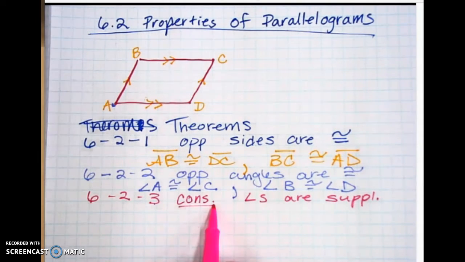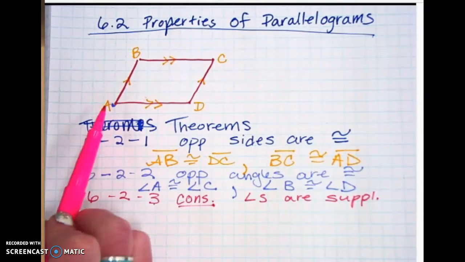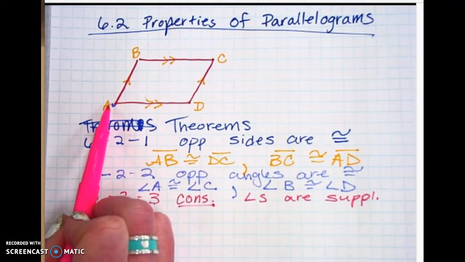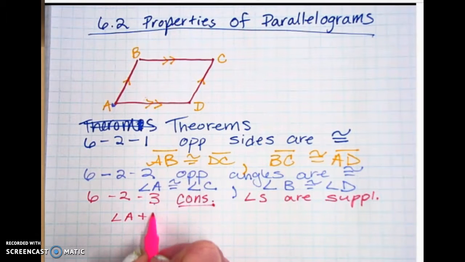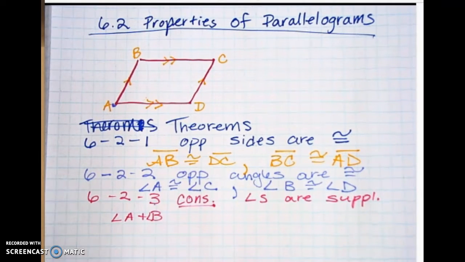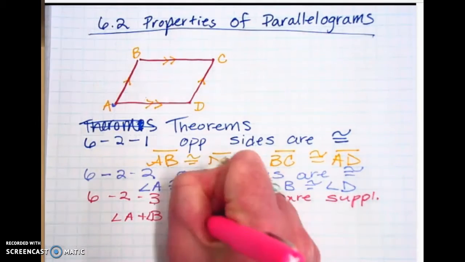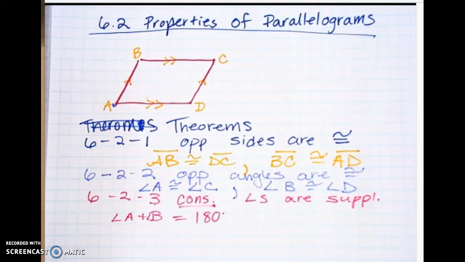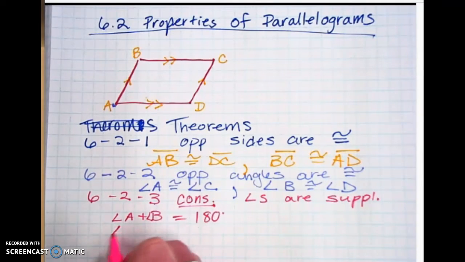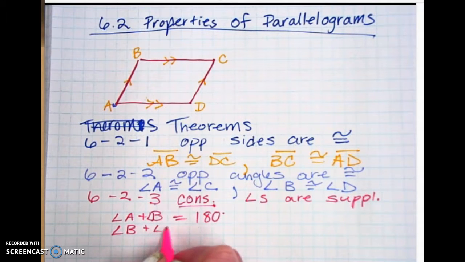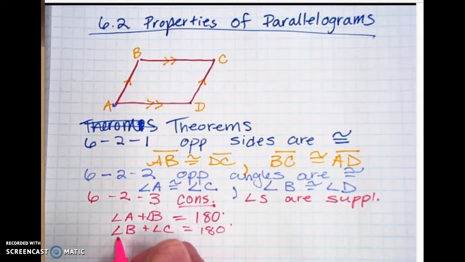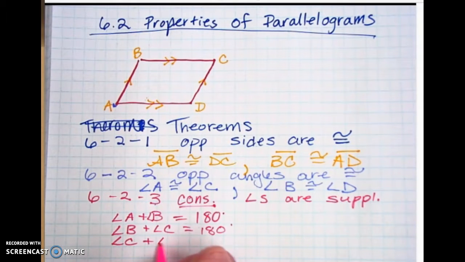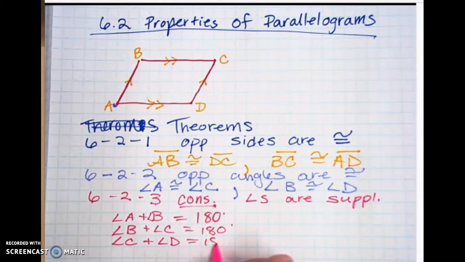Consecutive, this fancy word, is one after another. So A and B. We'll say angle A plus angle B is equal to 180 degrees. And then angle B plus angle C is 180 degrees. And angle C plus angle D is 180 degrees.